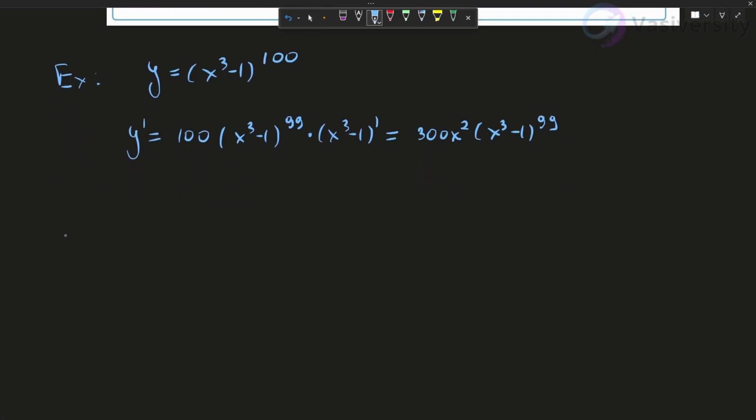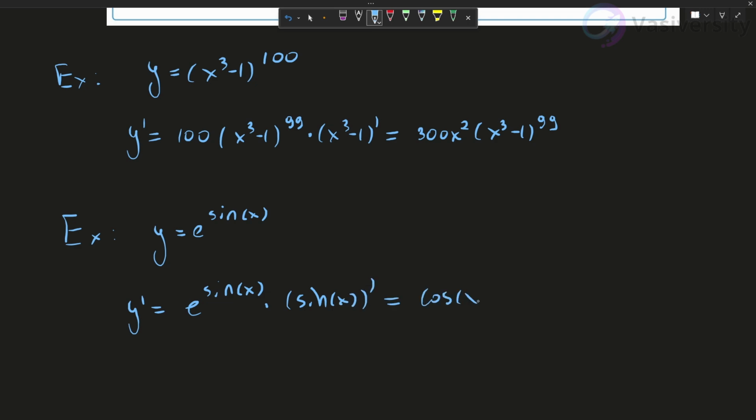If we have y equal to e to the sine x, our outer function is e to the power, and our inner function is sine x. So y prime is going to be e to the sine x, since the derivative of e to the u is e to the u, so we just leave it like this, times sine of x prime, which is equal to cosine of x times e to the sine of x.